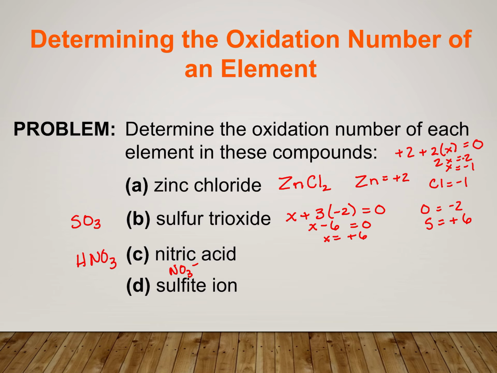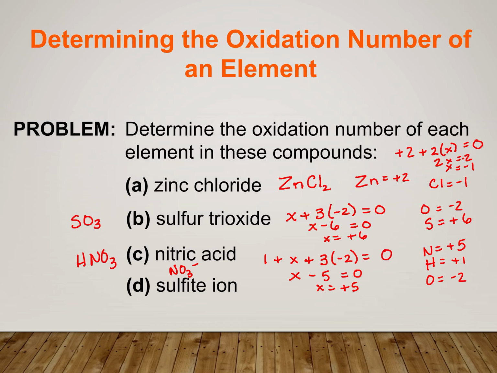So we can write our equation again: hydrogen is a +1, plus nitrogen, which we don't know, plus 3 times each of those oxygens worth -2. And again, this is neutral, so we put that equal to 0. We have -6 from the oxygens and +1, so we get X minus 5 equals 0, or X equals +5. So our answer here is that nitrogen is +5, hydrogen is +1, and oxygen is -2.